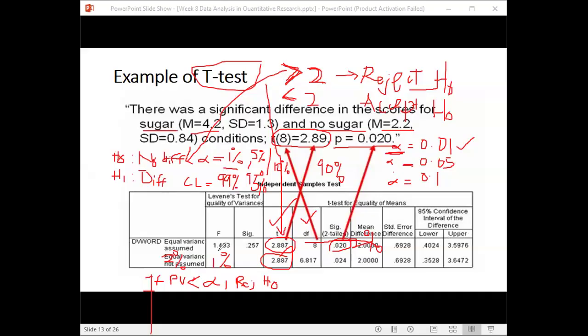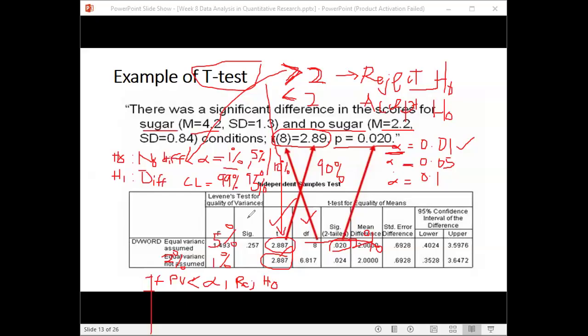Good. Now if we move away from 1% and go to 5%, what will be our decision? We reject. Good. So at the 5% level of significance, our p-value is lower than 5%, so it clearly tells us to reject the null hypothesis.